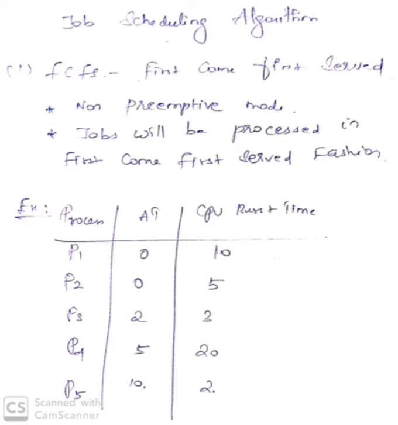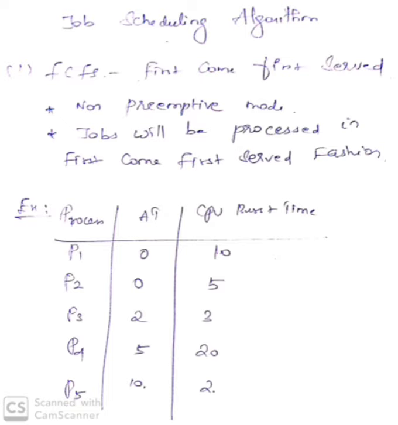We are going to see this with the help of an example. Five processes are given, P1, P2, P3, P4, P5, and the arrival times are also given: 0 for P1, 0 for P2, P3 arrives at 2 milliseconds, P4 at 5 milliseconds, and P5 at 10 milliseconds. The last column is the CPU burst time. For example, P1 arrives at time 0 and takes 10 milliseconds to complete.